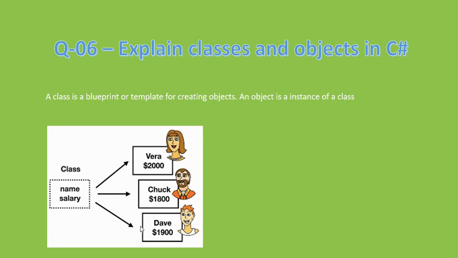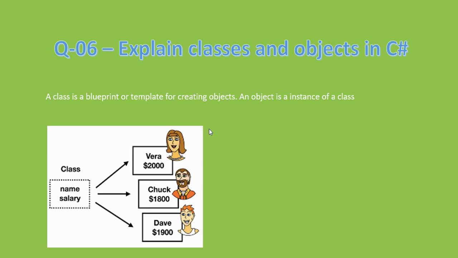The third one, the name is Dave, the salary is $1,900. Likewise, we can create many objects using these classes, right? Class is a template or blueprint for creating object, and the object is an instance of a class.